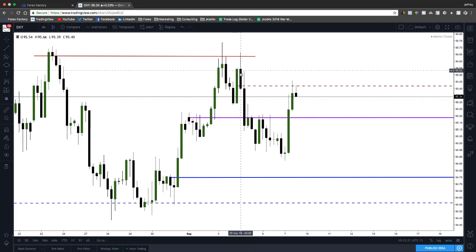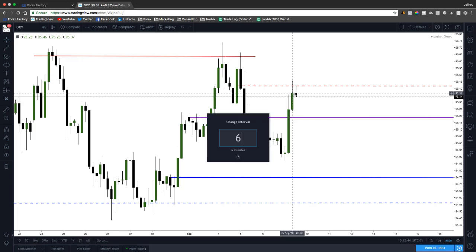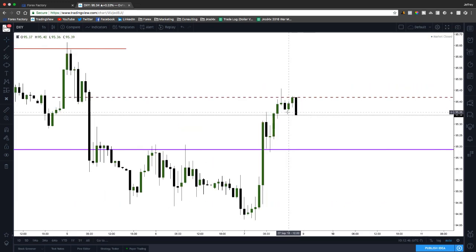So this up candle before we had this big down move, this is an ICT bullish order block. If you map out 50% of that candle, you can see that we've wicked through that, but ultimately closed below it. And you can see it a lot clearer on an hourly basis. So initially we wick through it, come back up.